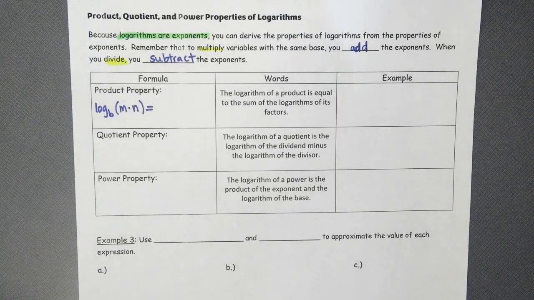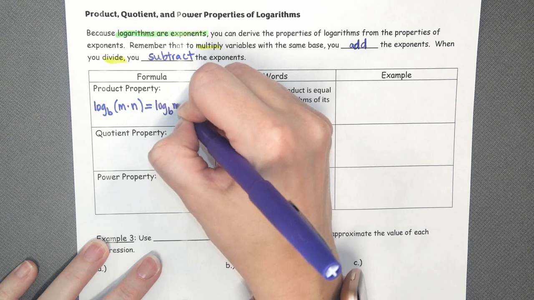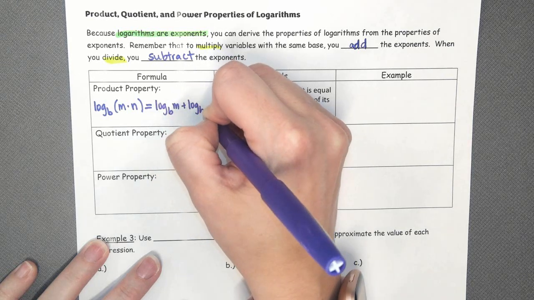And we're going to be able to use this property in both ways, in two different ways here. Okay, so this is going to be the log base b of m plus the log base b of n.